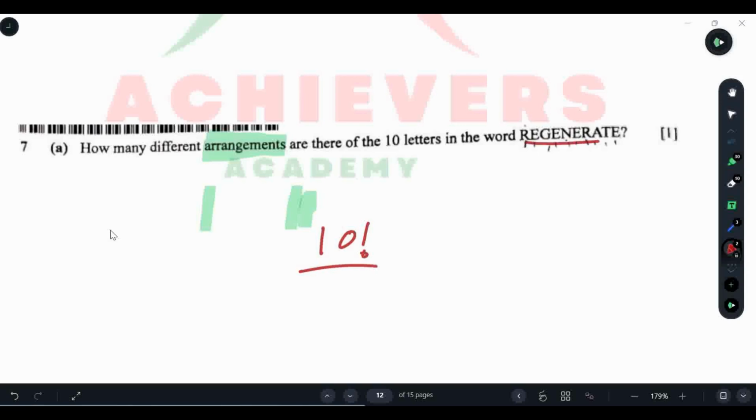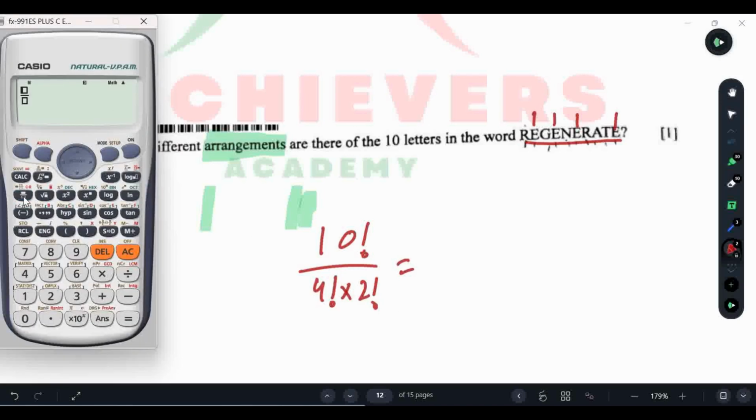We have 4 E's, so 4 factorial, and 2 R's, so 2 factorial. So 10 factorial divided by 4 factorial multiplied by 2 factorial. The answer will be 75600.